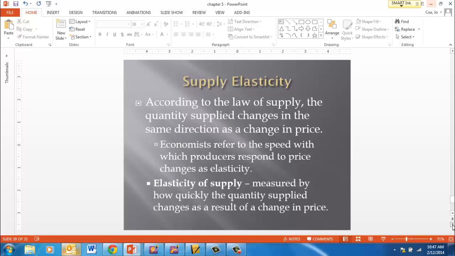Now, when we think about elasticity in supply, we're thinking about how quickly a supplier can respond to a price change. So if a supplier can respond pretty quickly in producing an item, then it would be an elastic supply. However, if a producer cannot respond quickly, then that would be inelastic.